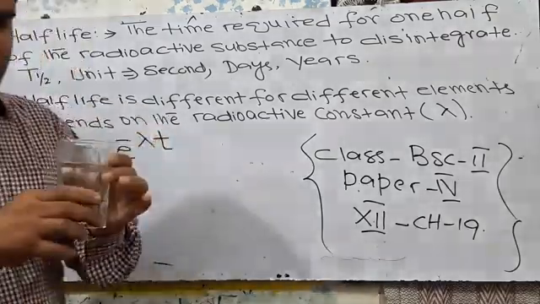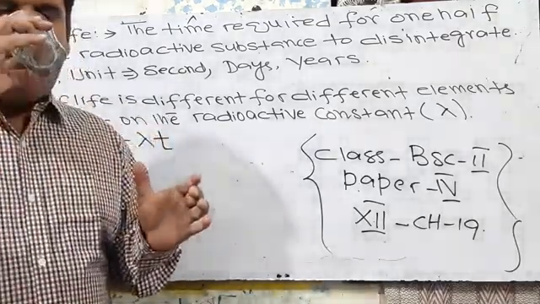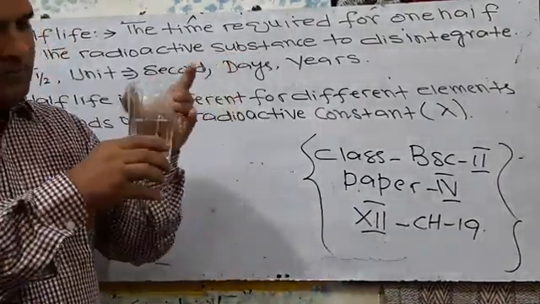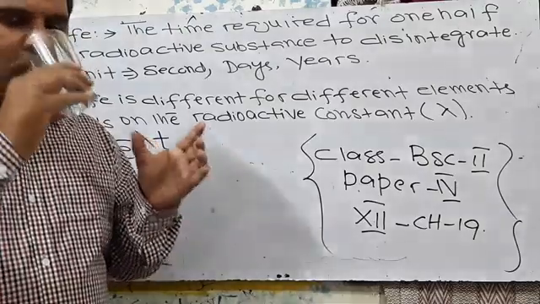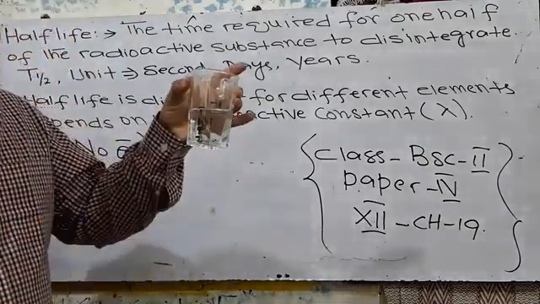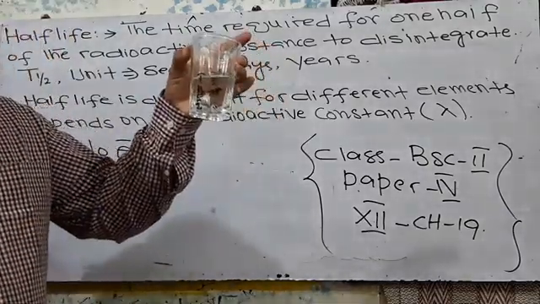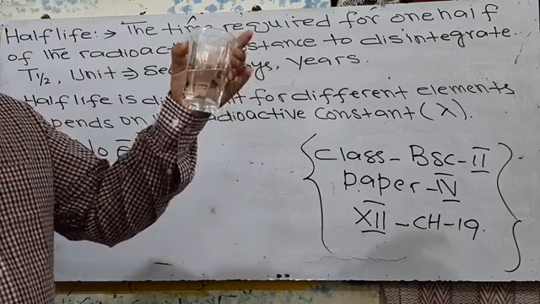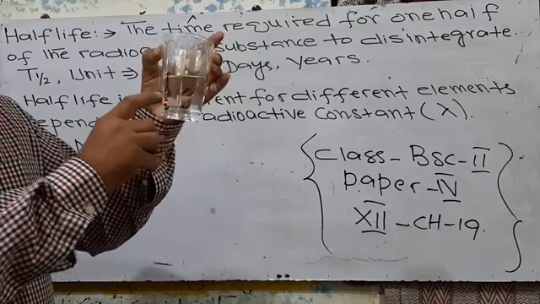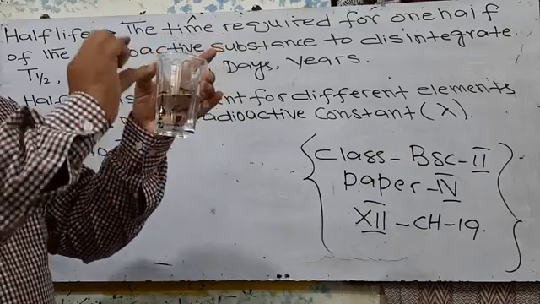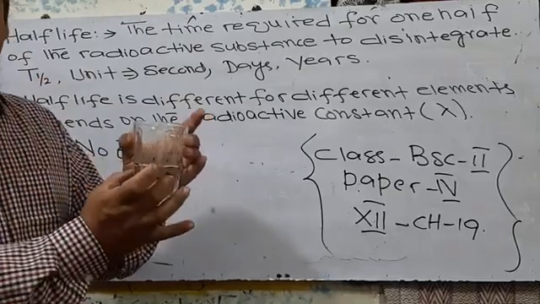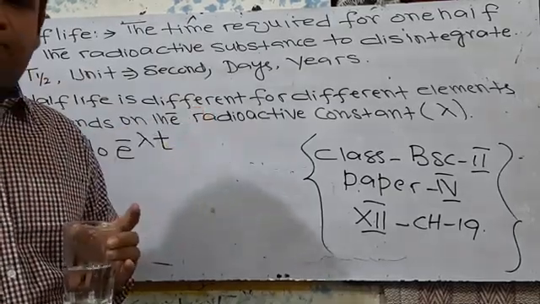Suppose now the water level has been reduced and reached N0/2. It means half of the elements has been disintegrated from this glass.